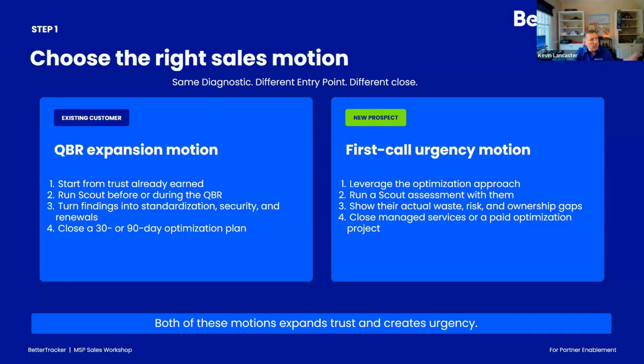Then we'll talk through closing a 30 or 90-day optimization plan, to start. If you're not confident in your sales ability, this is something you can start with. Let's do the scan, and let's figure out how, collectively together, to optimize your environment over the next 30, 60, 90 days. I think that is kind of the out if you're not strong at sales.